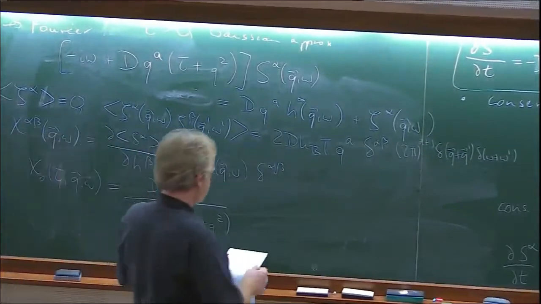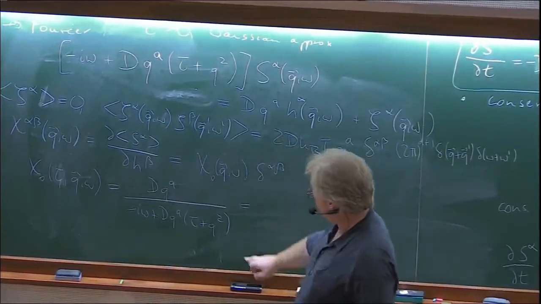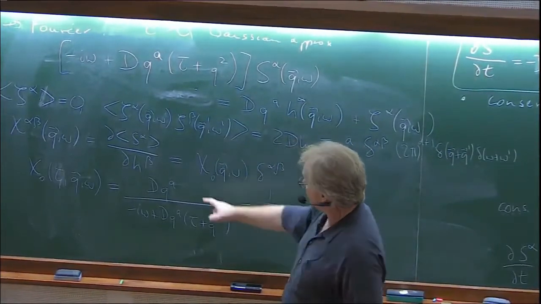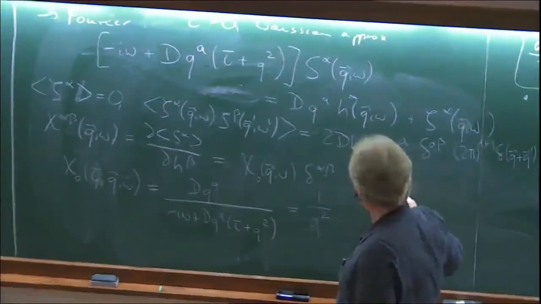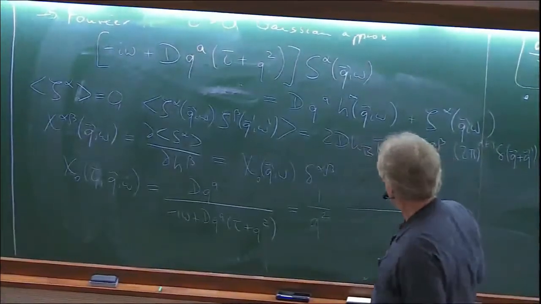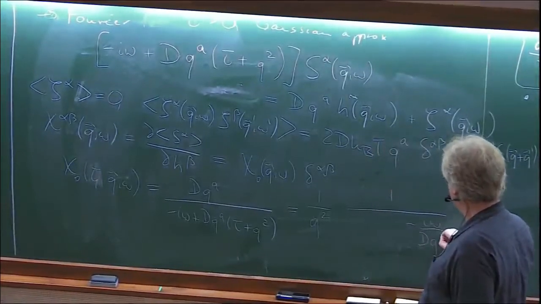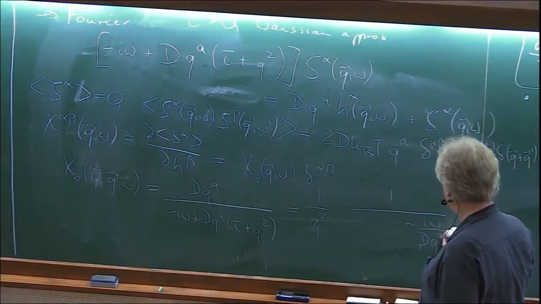Let me get this into scaling form. I'm going to pull out an overall factor of 1 over q squared, and I'm going to divide through the whole mess by dq to the a. So when I do this, I get a 1 upstairs, I get a minus I omega by dq to the 2 plus a downstairs, since I pulled out this other factor.